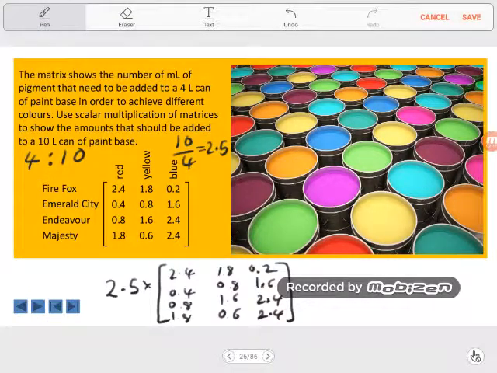Okay, so as we multiply each of these, the first one we get 6. This is 1. I might just make that a little bit smaller so I can fit it in. So there's the first column done.